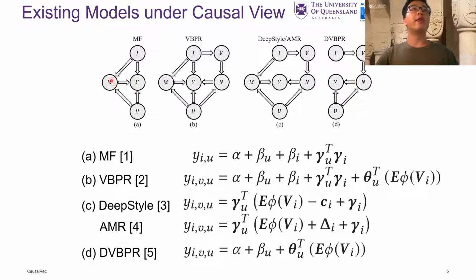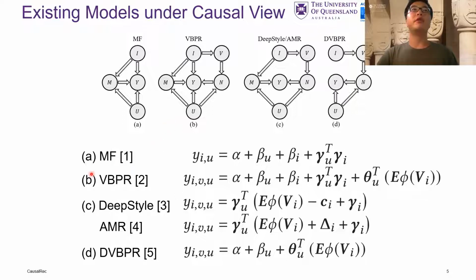The preference matching term is based on node I and node U, which corresponds to this term. The final prediction is based on these 3 nodes, so it is these 2 bias terms and the preference matching term. This is another bias in the model that we don't care about in this method.